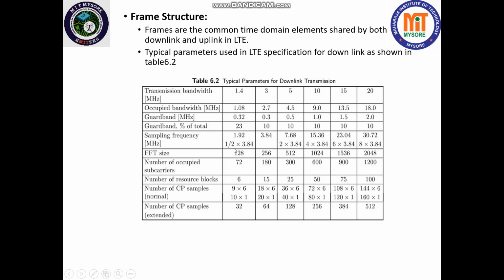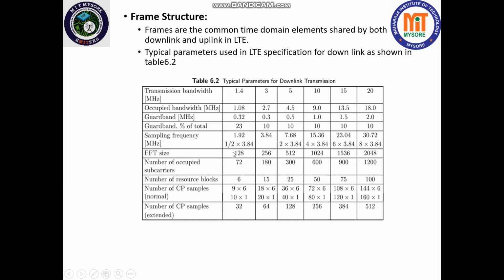It is a multiple or submultiple of 3.84 megahertz. Here it is 1 by 2 times 3.84, which is the chip rate used in UMTS in 3G technologies. And the FFT size is 128. Out of this 128, only 72 subcarriers are used. 128 FFT size means what?